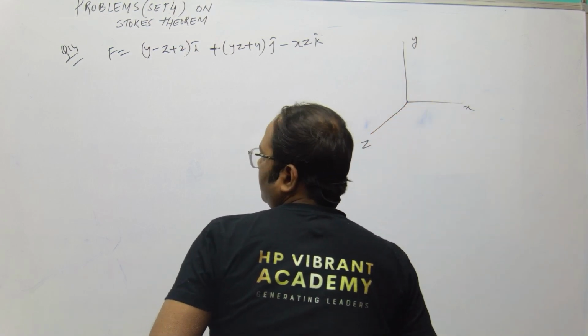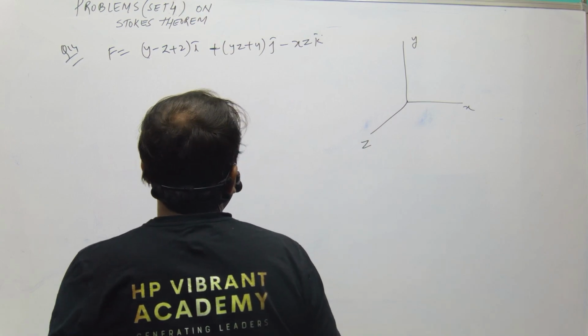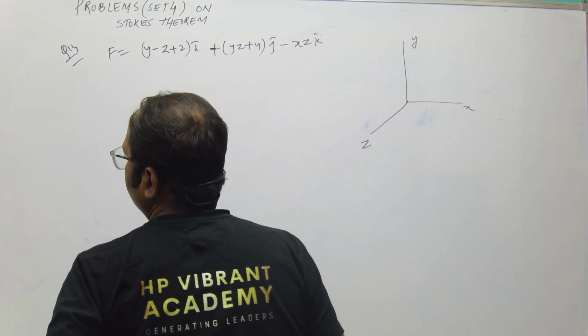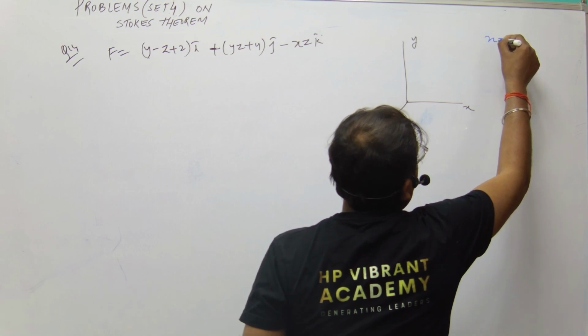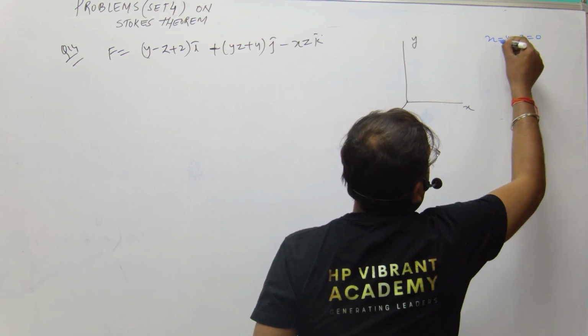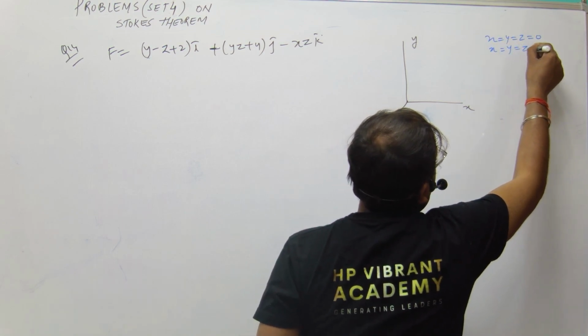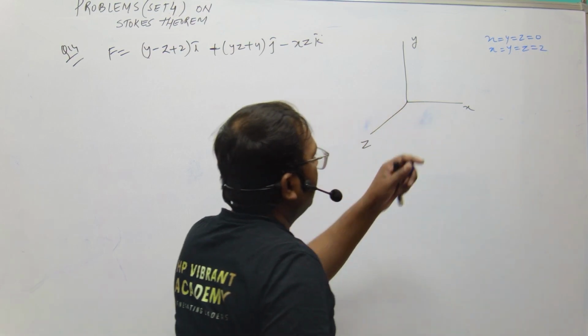Okay, so the surface of the cube is given by x is equal to y is equal to z is equal to 0, and x is equal to y is equal to z is equal to 2. So let us draw x is equal to 0.